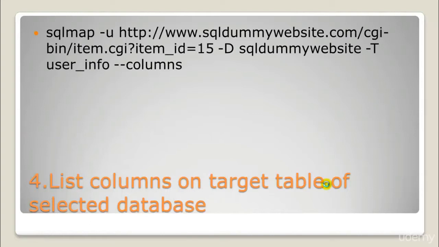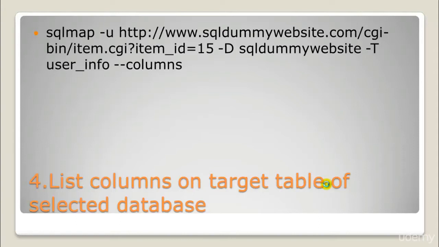Now coming to step 4, we need to list all the columns on the target table of the selected database using SQLmap SQL injection. We need to list all the columns on the target table user info of the SQL dummy website database. SQLmap makes it really easy by running the following command: sqlmap -u http://dummywebsite.com -D SQL dummy website -T user info --columns.